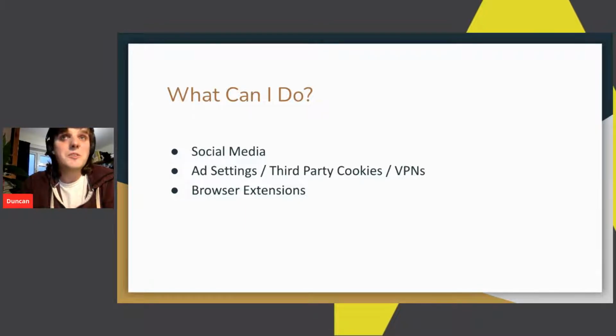And then if you want to go all the way, you can make use of VPNs to hide your location. There's all sorts of browser extensions you can use to protect your privacy.